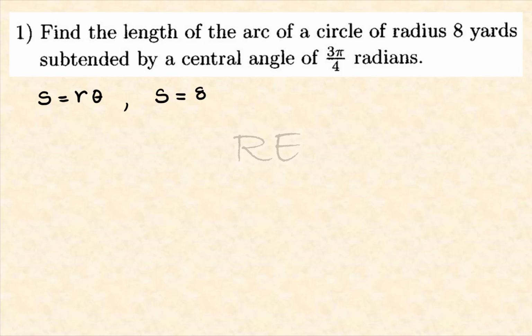So S, which is the arc length, will be equal to the radius, 8 yards, multiplied by the central angle, theta, which is 3 pi over 4. So it's going to be equal to 8 divided by 4 is 2, so it's going to be 6 pi yards.